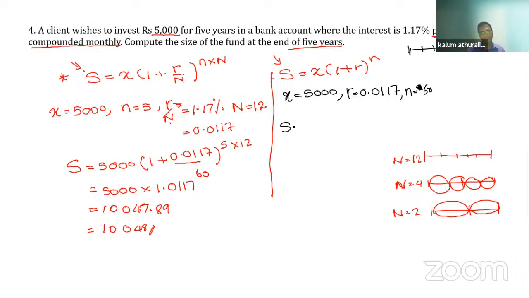Then S equals 5,000 times, here is R, the value of R is 0.0117. Then 1 plus R should be 1.0117. You can get the value directly. Then power is 60. Same answer.